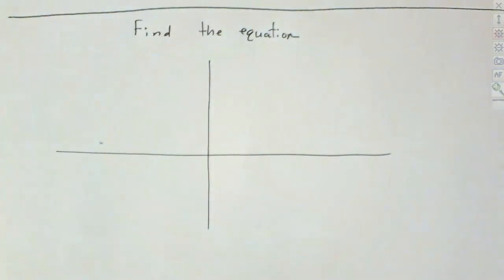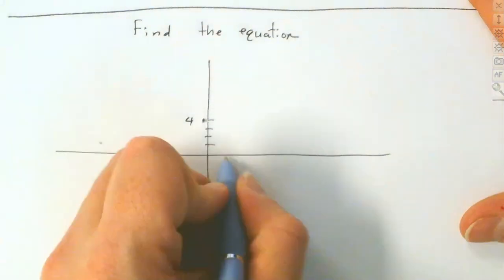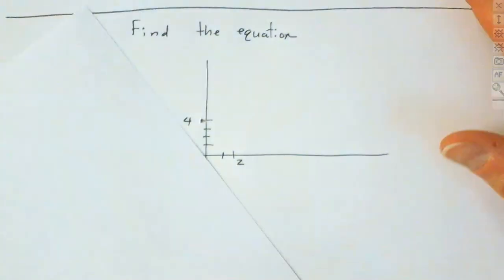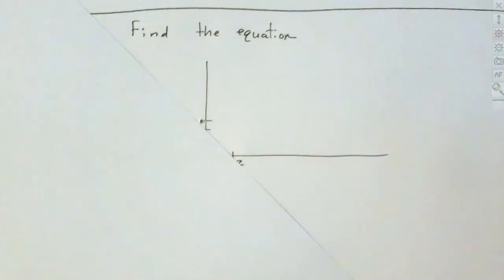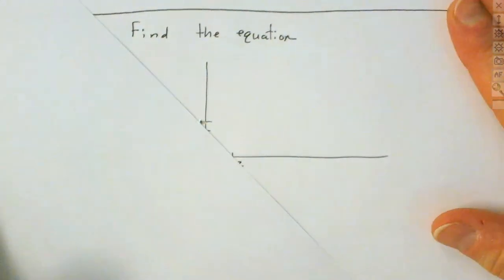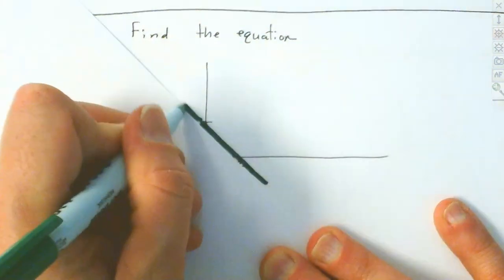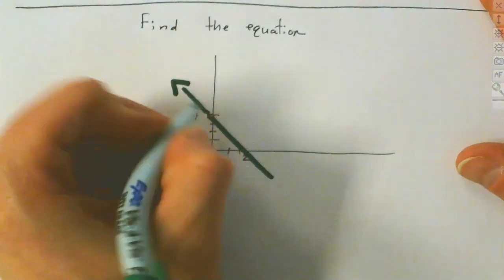Okay, so they give you a pretty easy picture here. Okay, let's say 4, 2 here. So it's a little bit different than the one in your homework, but it's very, very similar. So I'm going to give you a line. Okay, and we're going to find the equation. So here's my line, and I want you to find the equation.